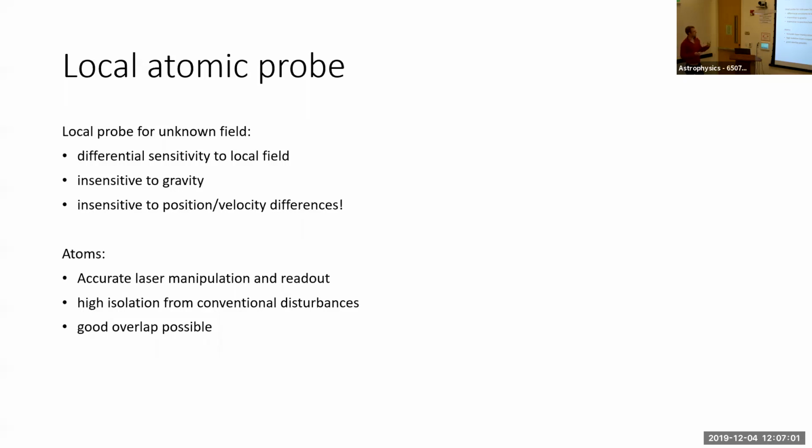So this is something unique to atoms, which is not possible with macroscopic objects. You cannot really manipulate them very well with accurate lasers. This is way harder. Another thing is that you can overlap atoms pretty well because they're just pretty small.